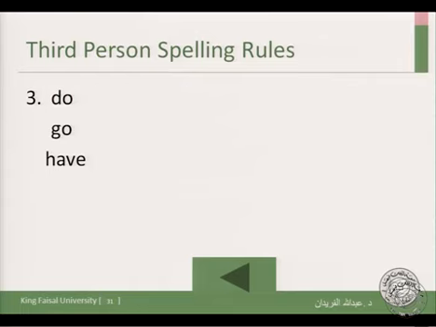Don't ask me why, because these rules are sometimes not explainable. We cannot explain these rules. This is the English language. Like, for example, in Arabic, why do we say الولدان يلعبان, we don't say الولدان يلعب? Why do we add the alif and noon? It's not explainable. We cannot explain it.